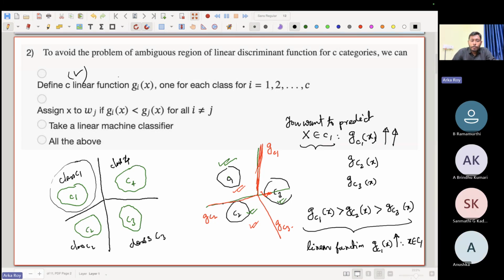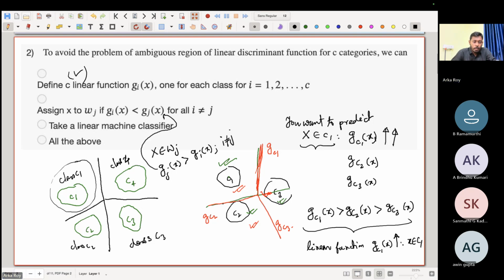So the condition is, if X belongs to omega j, then Gj of X should be greater than Gi of X, following the criterion that i is not equal to j. Obviously that is true for all cases. So this is what you can see over here as well: Gi of X is less than Gj of X. So this option is also correct.